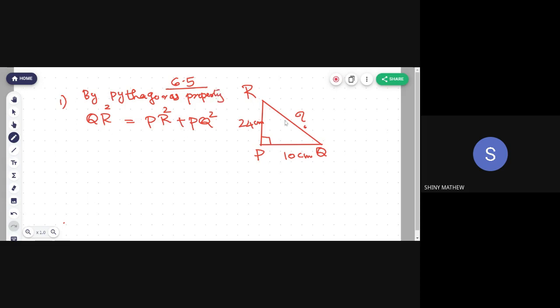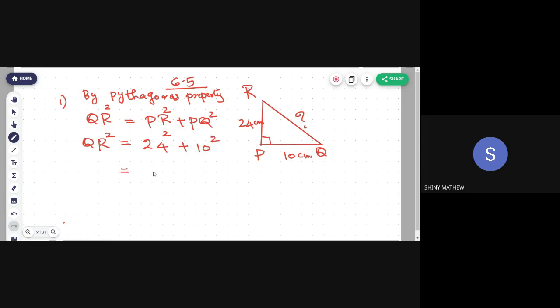QR square is equal to PR square plus PQ square. We do not know QR, so we write it as it is. QR square is equal to PR, which is given as 24, 24 square plus PQ, that is 10 square.